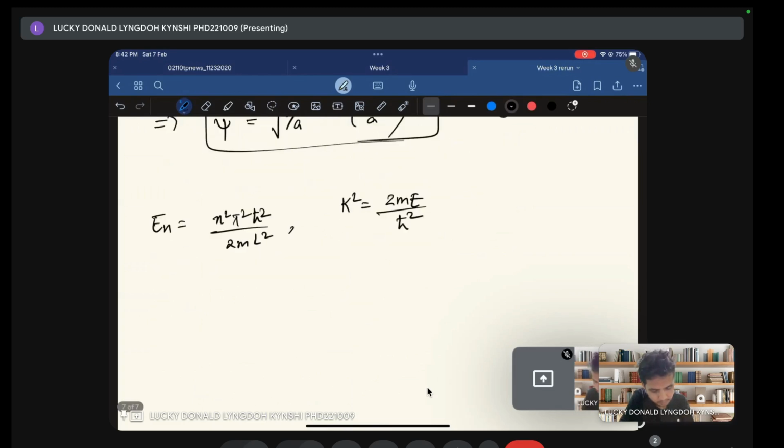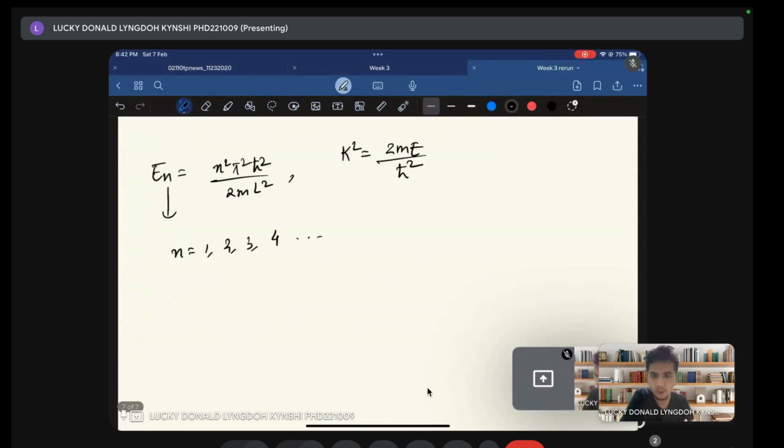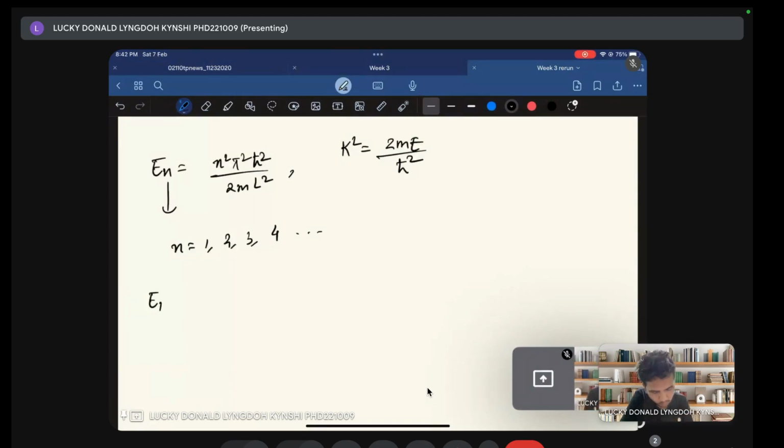So this n can go from 1, 2, 3, 4 and so on. If you talk about the ground state energy, E1 will be simply π²ħ² by 2mL², since n is equal to 1.